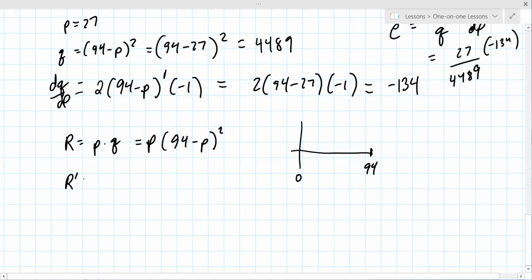Okay, so the derivative here is product rule again. So take the derivative of the first function, 1 times the second, plus keep the first function, and then take the derivative of this, which we've already done up here, but it's 2 times 94 minus P times -1.